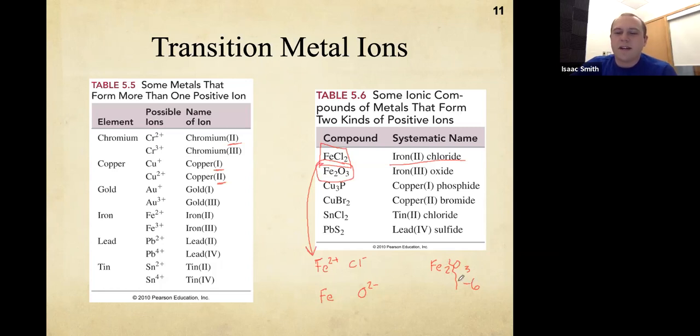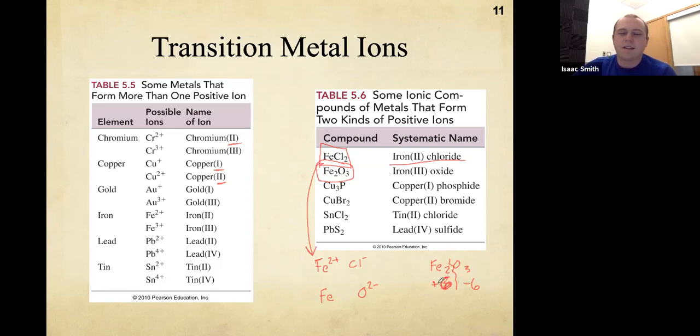If I divide 6 by 2, I get 3, which tells me that each iron has a +3 charge, because I need +6 on the left side, right? I need these to balance. This should be +6, sorry.